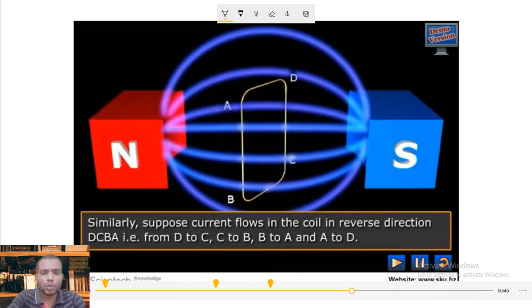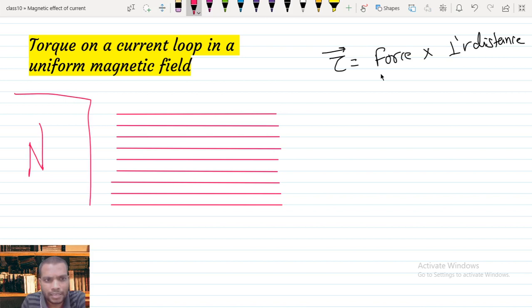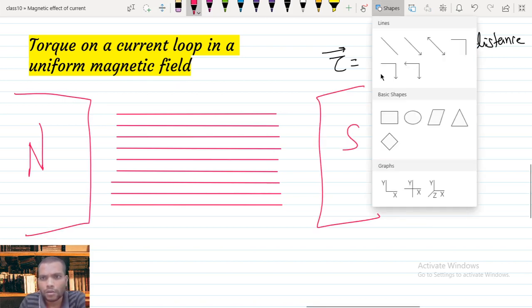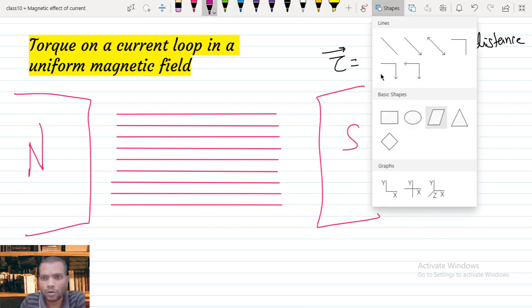Now let us try to derive the expression for torque. Suppose this is a uniform magnetic field. This side is taken as the north pole and this side as the south pole. Now in this magnetic field, we place a rectangular coil.